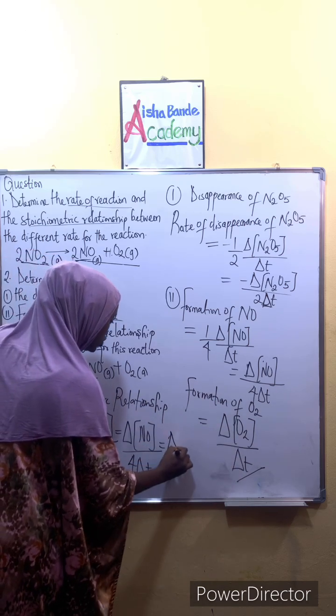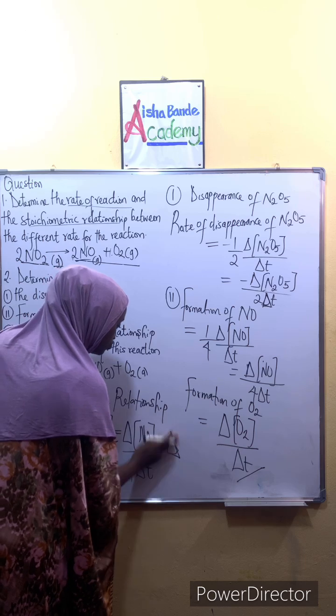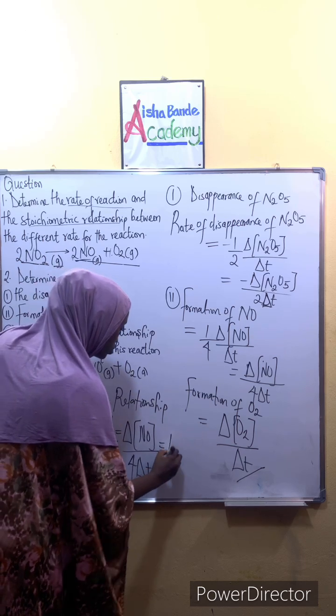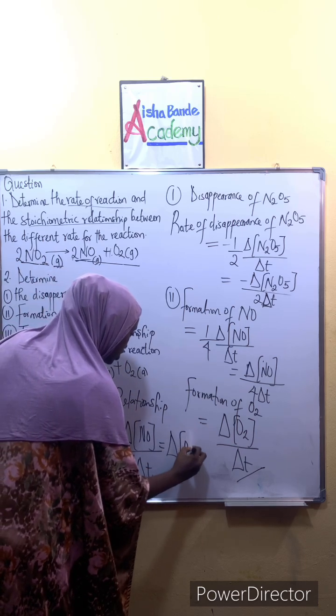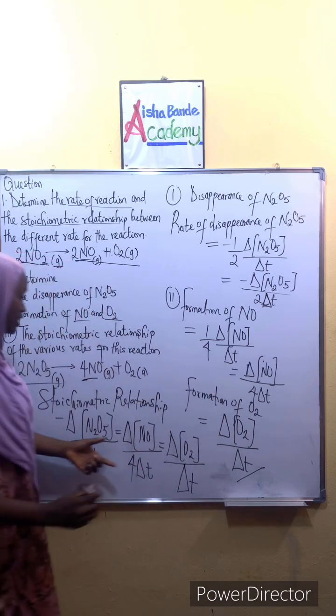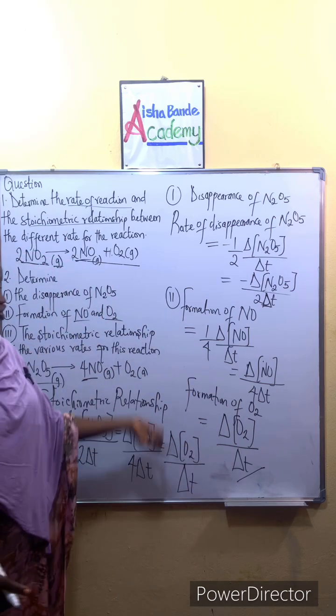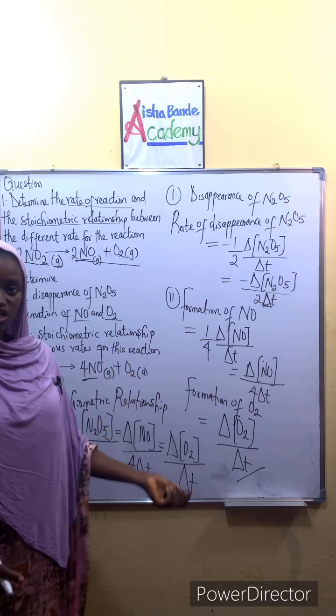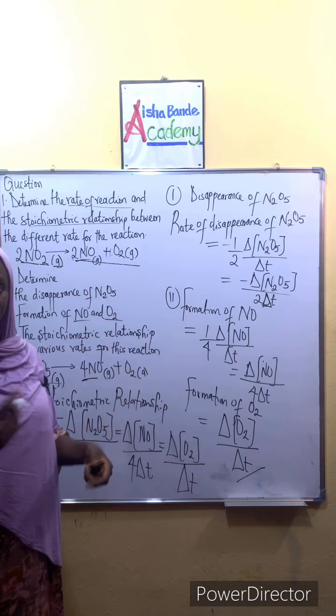Here we have it as the change in the concentration of the product, which is O2, all over the change in time. So looking at this now, this is the stoichiometric relationship between the rates that we have, both for the disappearance and also for formation.